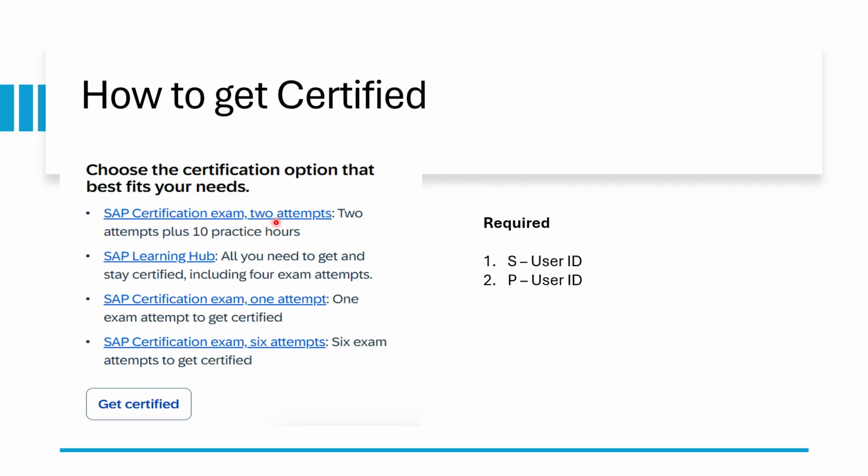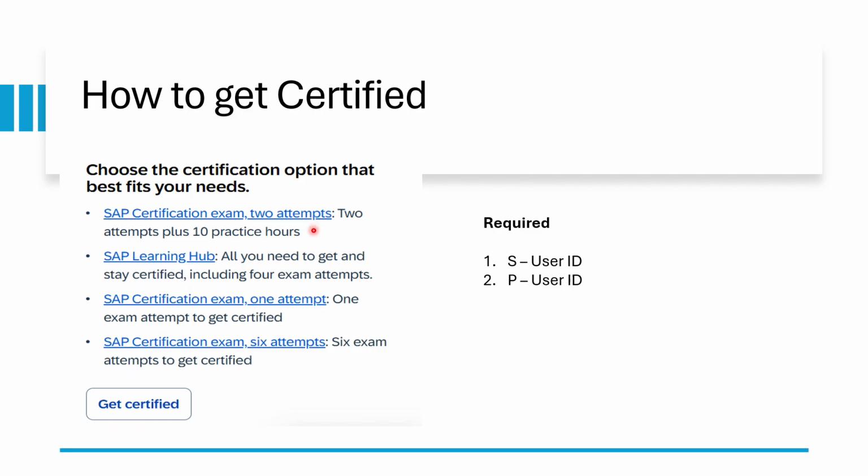Now two attempts. Suppose I go and take one certification, like the business data cloud certification. When I take the exam, obviously one attempt is used, and if I fail the exam, then I already lost my one attempt. Then there will be one more attempt to take that exam.